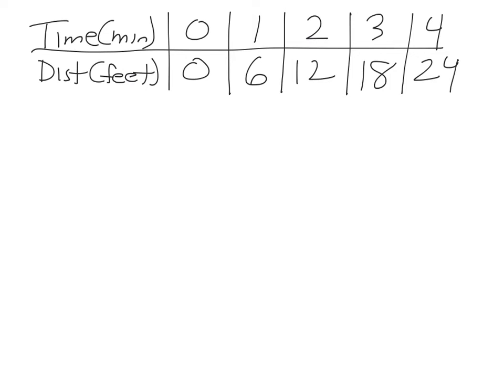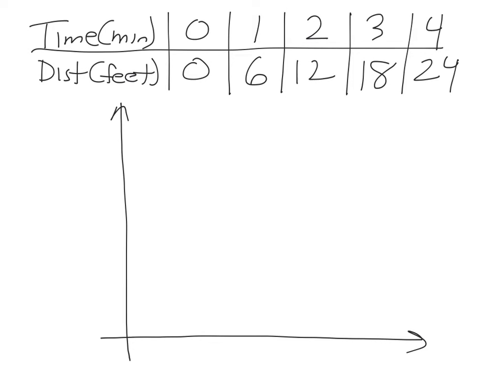Now, if I draw the graph of this, and I'm going to keep it pretty simple here, I'm going to do minutes on the x-axis and feet on the y-axis. And here on the x-axis, I can go simple, 1, 2, 3, 4, and 5.